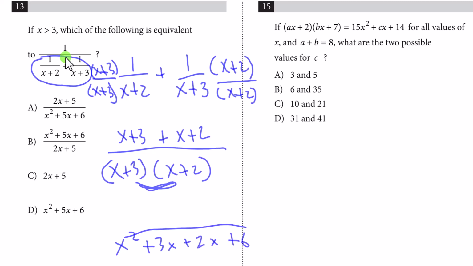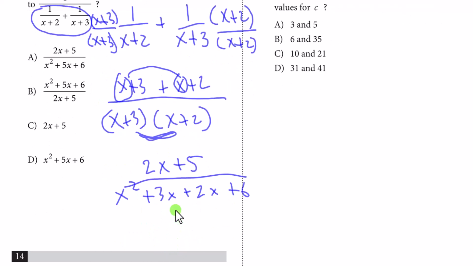And on the top, you're going to add these up. You got the x and the x's, so you can get 2x plus 5. Okay, I'm going to make this a little bit better. Simplify this bottom part right here. And that's going to be 2x plus 5 over x squared plus 5x plus 6.